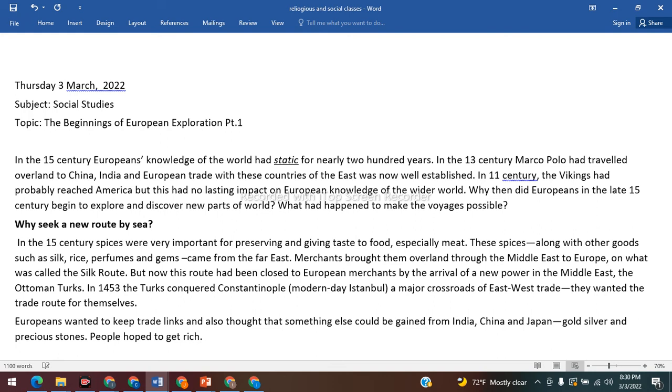So this is basically one of the major motivations that started it all. Of course, they wanted to keep the trade going on between themselves and the countries of the East. But they really wanted to get rich, and that's one of the reasons why.